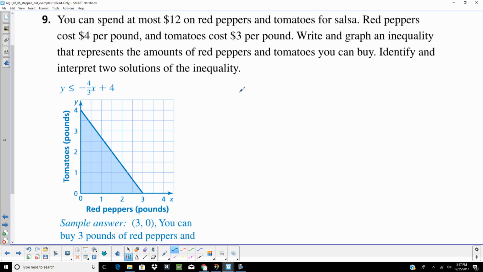So red peppers are $4. So I would think of that as 4x. And tomatoes are 3, so 3y. And that has to be less than or equal to 12. Subtract 4x, then divide by 3. That's how they came up with that equation.